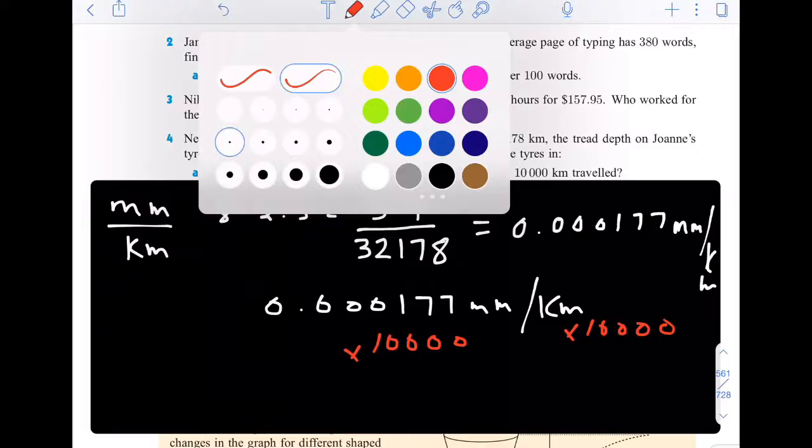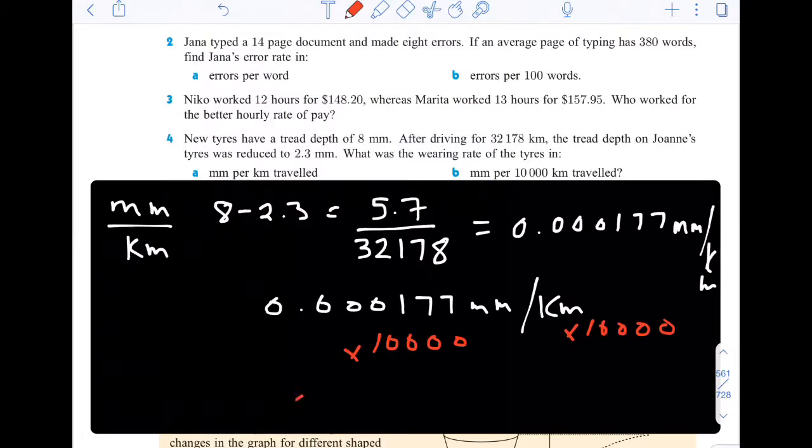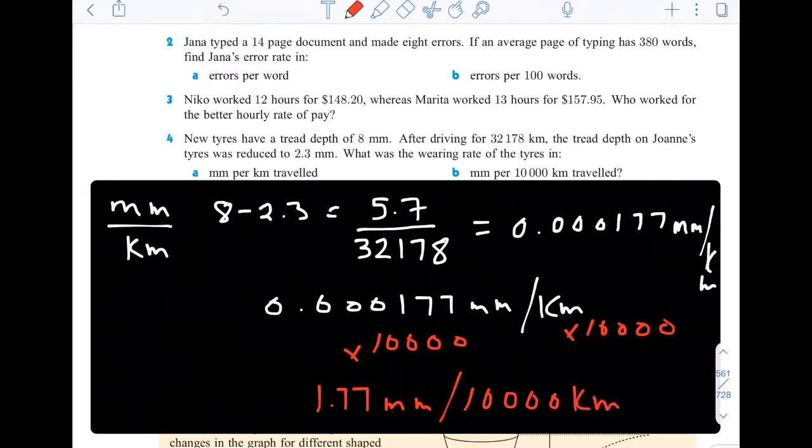And when I do that, we'll get 0.177, oh, nope, 10,000, not 1,000. 1.77 millimeters per 10,000 kilometers. So that's the wear rate of the tires that Joanne's using. And we'll continue along to the next one.